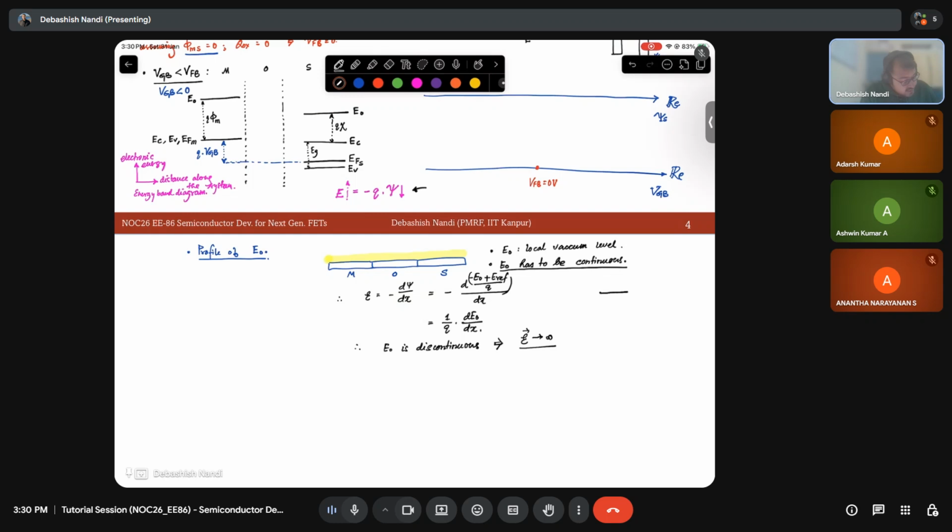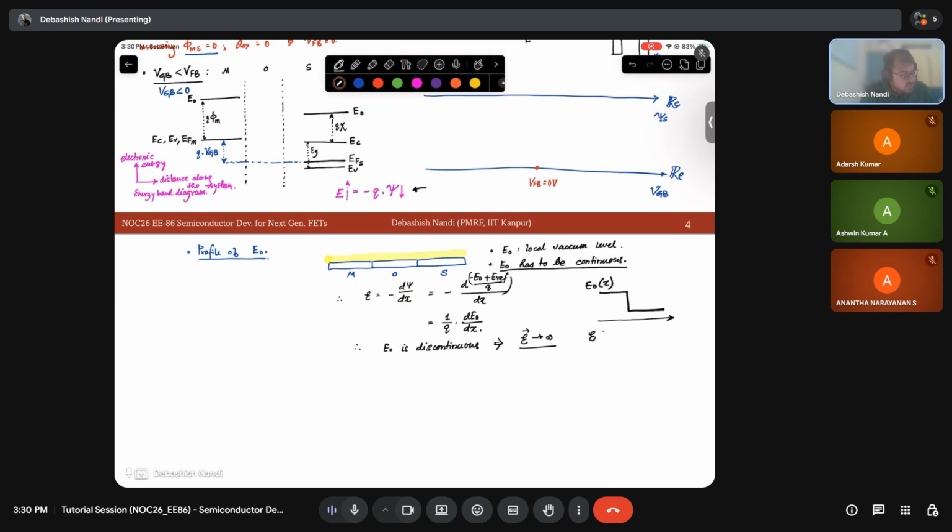If your E0 is something like this, or something like this, it is continuous. Okay, let's take this example only. This is a discontinuity, right? You are aware of limit and continuity, right? So what will be the electric field profile?